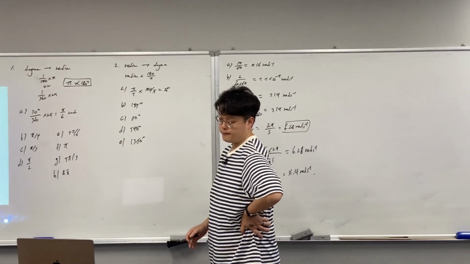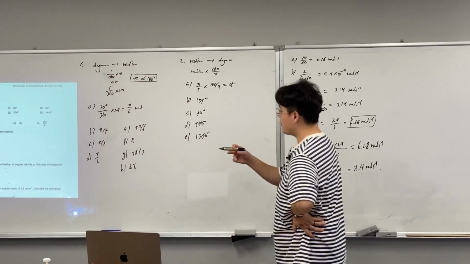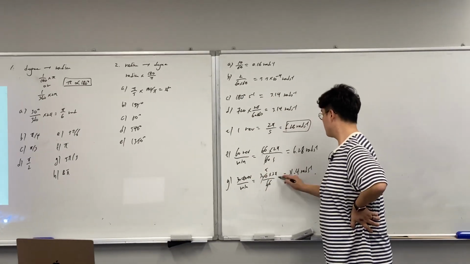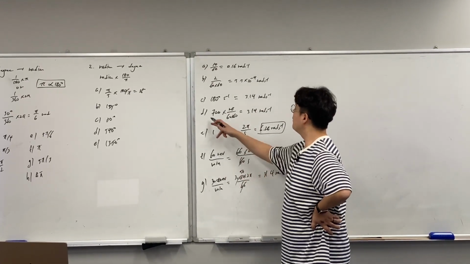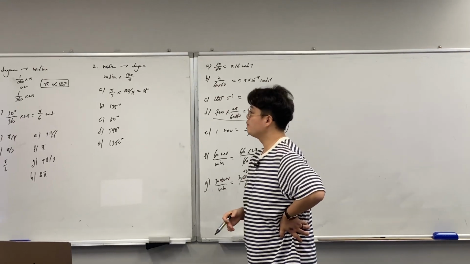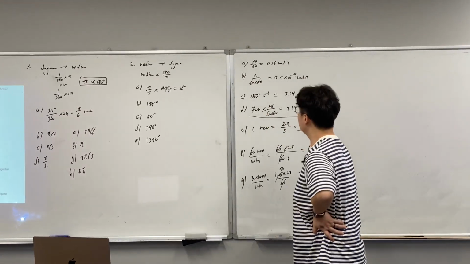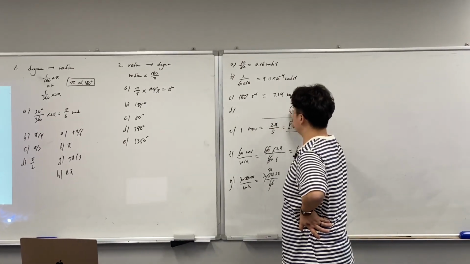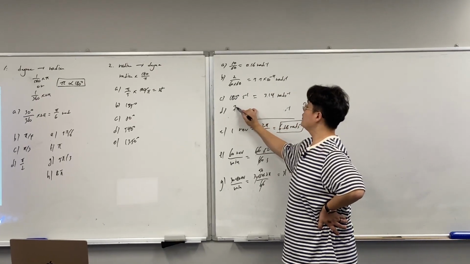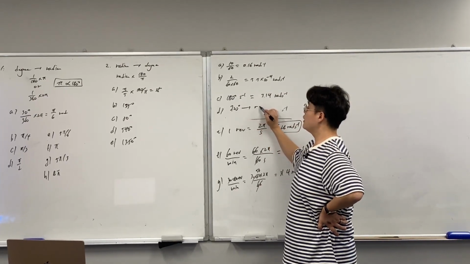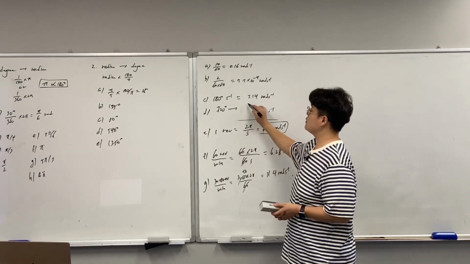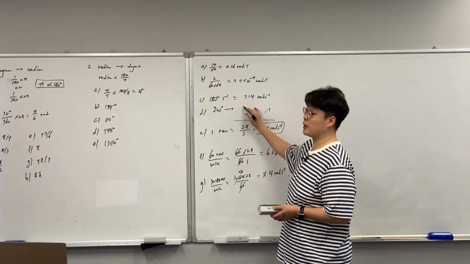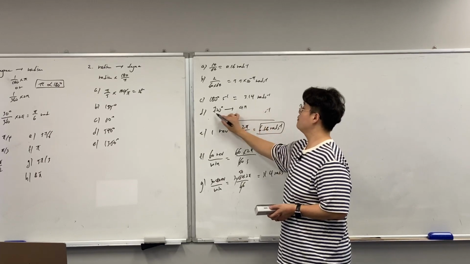Yes? So I think D, oh, sorry, question D. Yep, 700 degrees per minute. Shall we go this way then? 700 degrees into radians. How do we convert to radians? Dividing by 360 times 2 pi, that's basically 4 pi per minute.